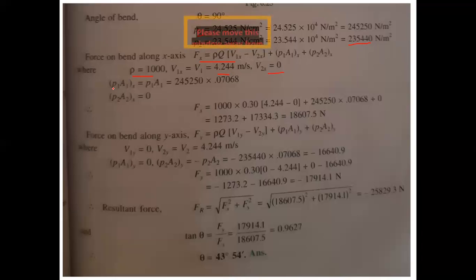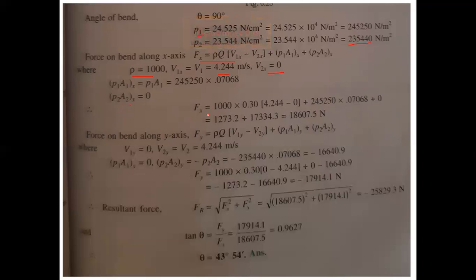Now applying this, p1 into a1 is 245250 into the area, giving some value. And p2a2 in the x direction is 0, because we are looking only at the x direction, and the other terms at section 2 are 0.